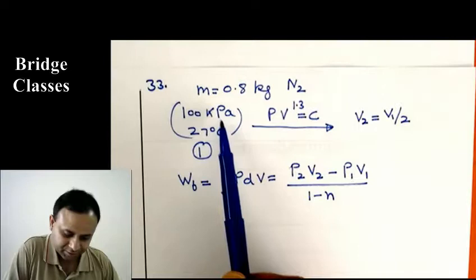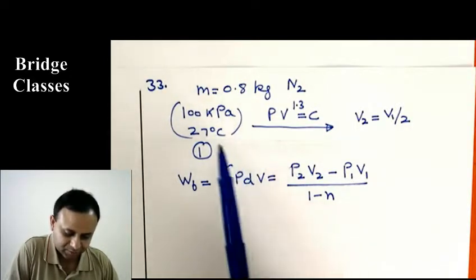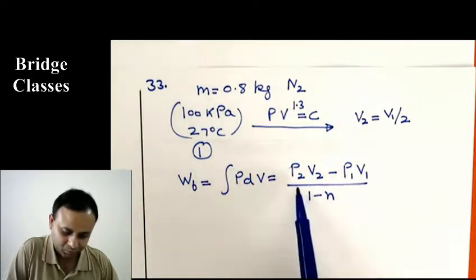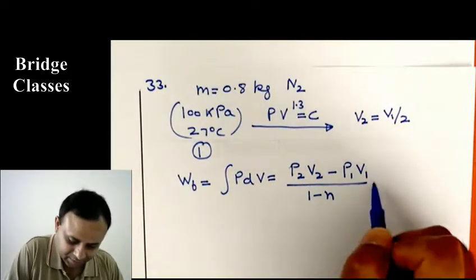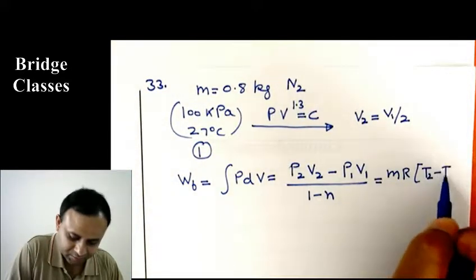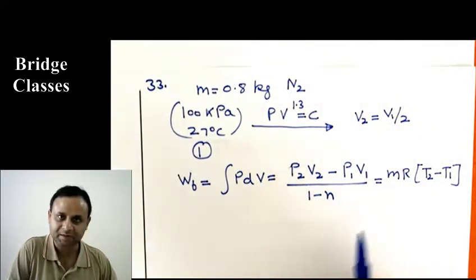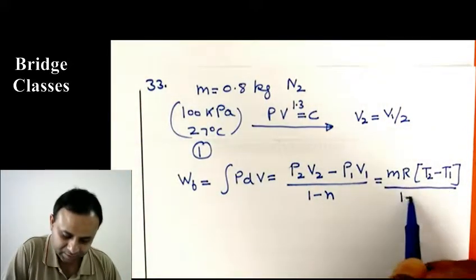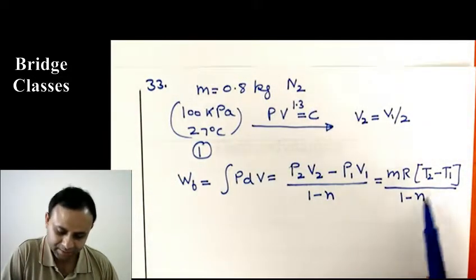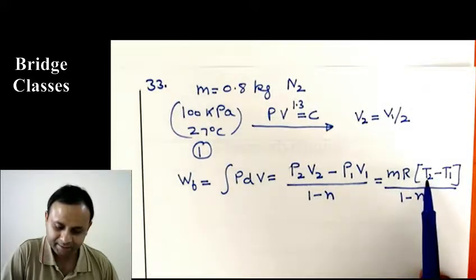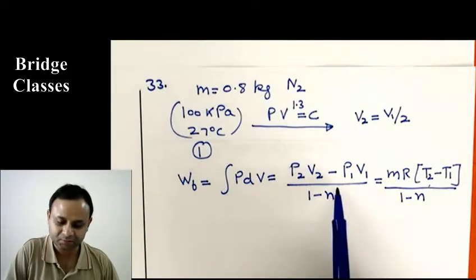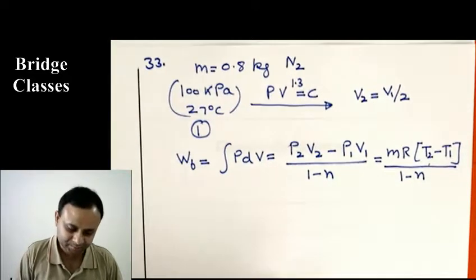We have pressure, but volume is not given. We'll have to evaluate V1 and then also P2. So instead of this, because it is an ideal gas, PV is mRT, so I can take this as mR(T2 minus T1) over (1 minus n). Then T1 is given, n is given, m is given, and T2 I can determine in one step. So this is easier. If I use this formula instead, it is easier.